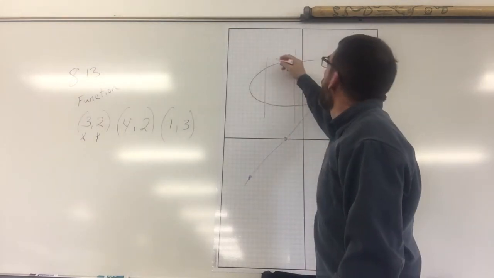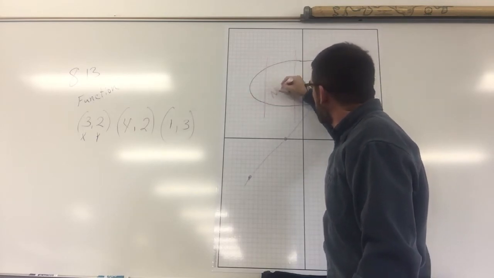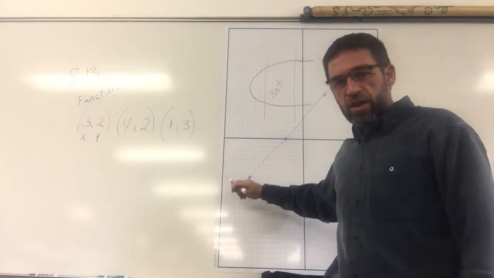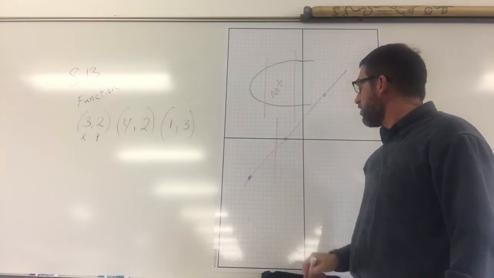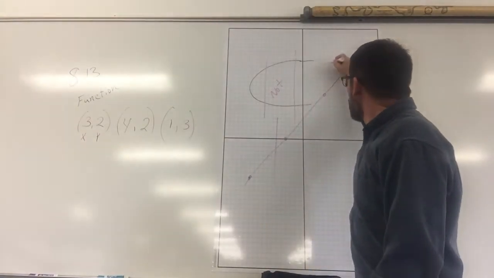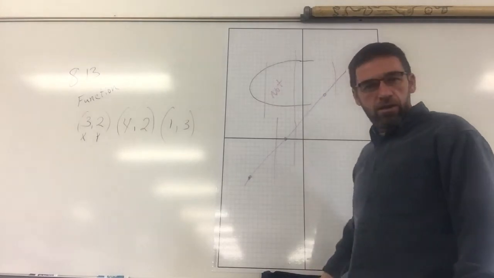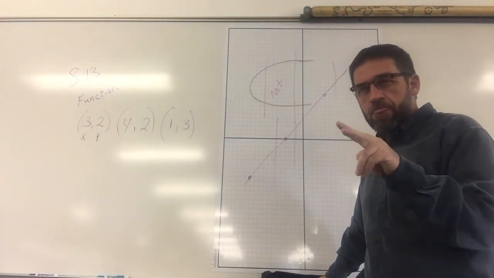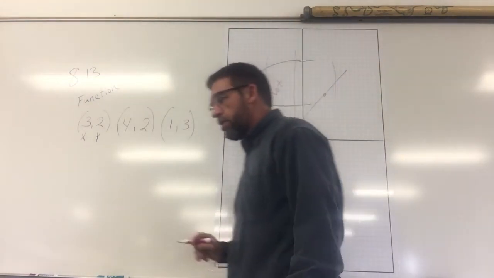So the brown circle I made is not a function. But this one here that I have here that's purple, if I draw a straight line through there, I can do it anywhere on the graph, a straight line, and it will not cross my other line twice. Then it's a function.